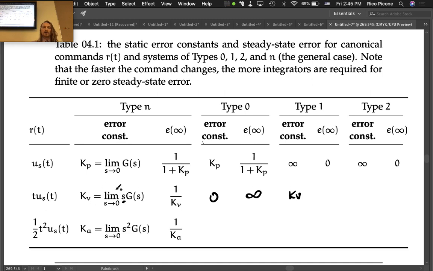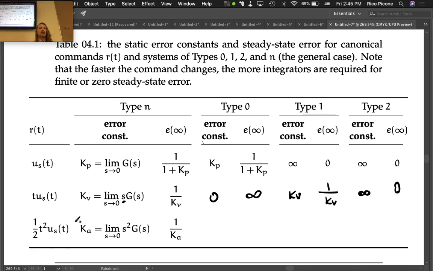You've got to compute it from this definition here, and we can compute the steady state error as just 1 over Kv. Type 2, we have 2 integrators. Finally, we've canceled only one of our integrators with this S, and we're left with an infinite error constant and 0 steady state error. So type 2, 2 integrators, even with a ramp input, you get 0 steady state error, which is good.